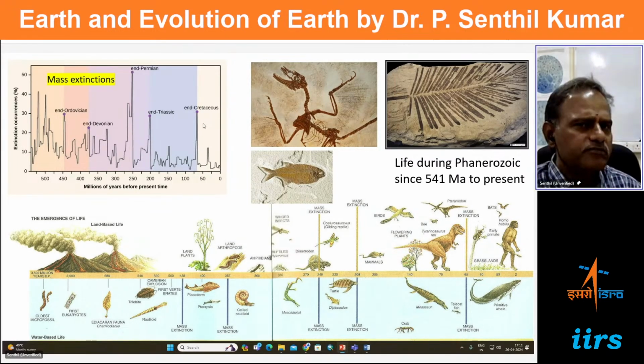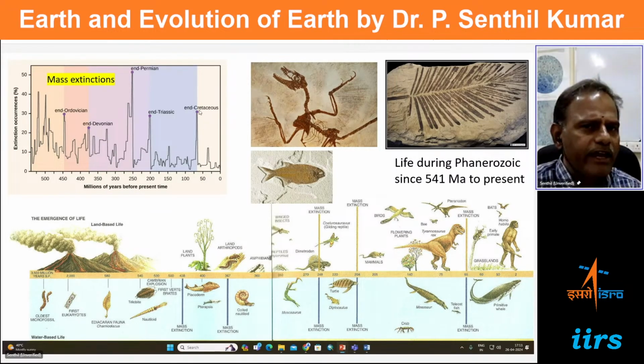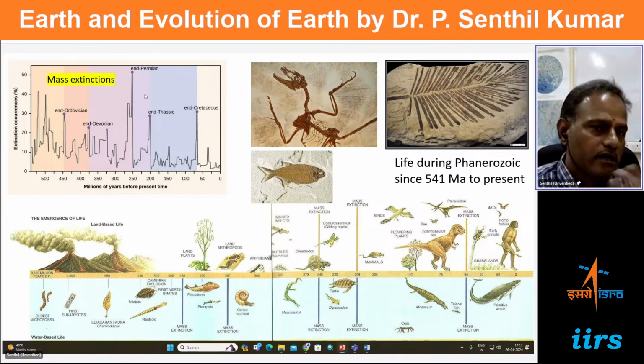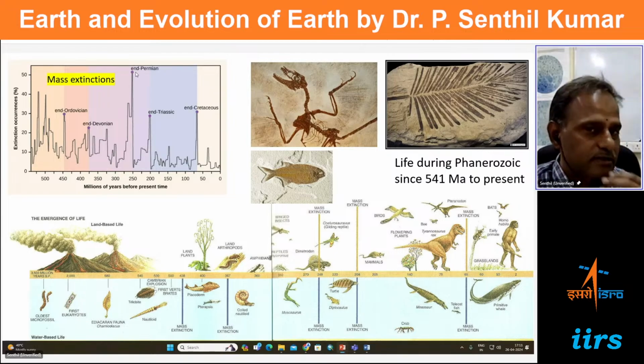Now, scientists found that around the same time, lots of volcanic eruptions also happened. For example, in Siberia, in the Russian area, you have a huge amount of Siberian volcanism that coincides with the end-Permian mass extinction.